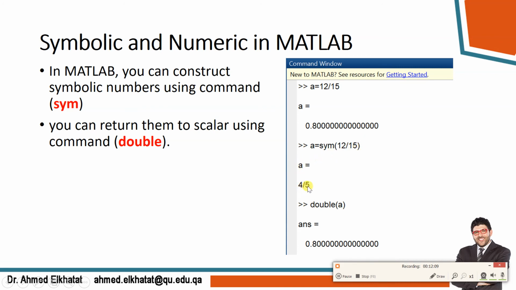This is the symbolic form of this value. Okay, if you want to return it again to a numeric value, just use double, so double a, and the answer will be 0.8. So it's also a very good way to use in MATLAB.